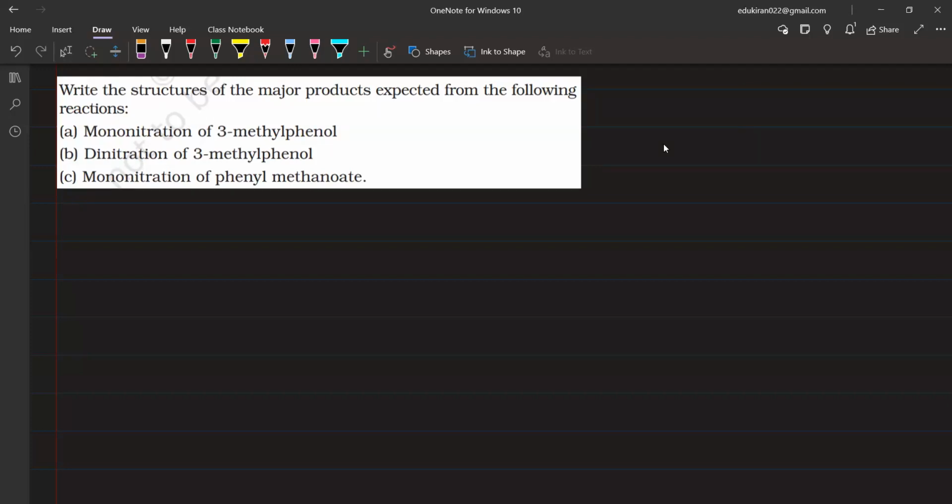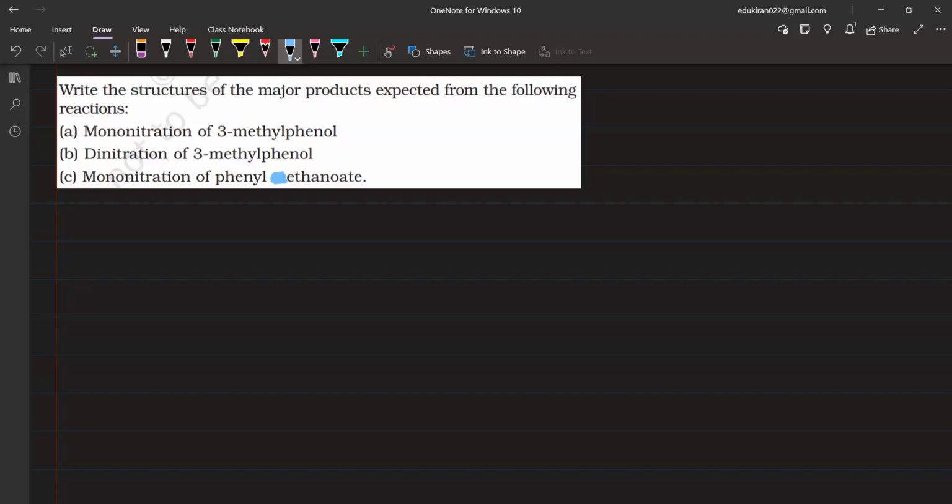Mononitration of phenyl methanoate. This is an example question, and they have also given the products, but the products they have given are for phenyl ethanoate. So I think this methanoate is a printing mistake in NCERT, and it should be phenyl ethanoate.